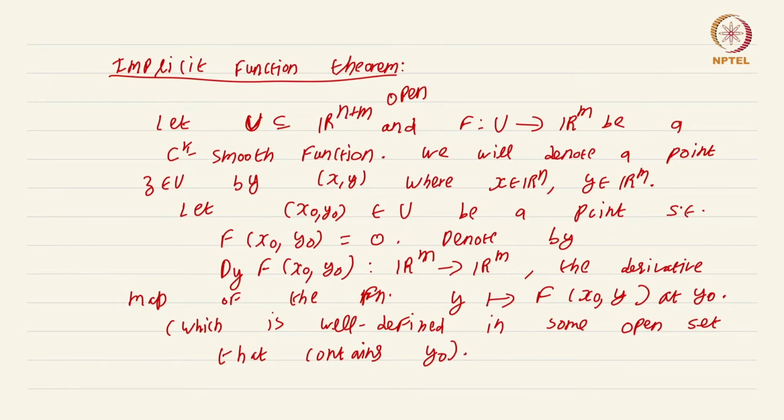Okay, suppose dy x naught y naught is invertible. So this is a linear map from Rm to Rm. I'm going to assume that this map is invertible. So this is the precise condition that allows you to write the zero set of f as a graph.